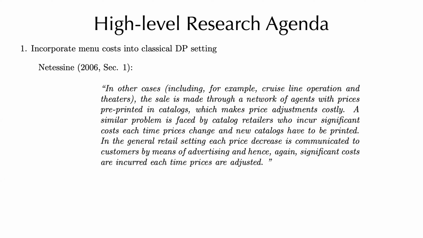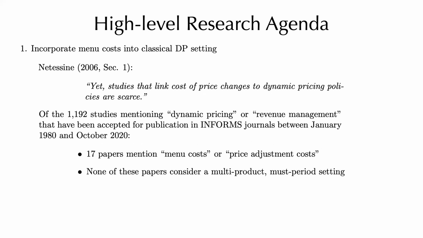The end of that quote says there are also marketing costs sometimes associated with price changes. This quote also identifies again that there's very little work that relates dynamic pricing and menu costs: yet studies that link the cost of price changes to dynamic pricing policies are scarce.